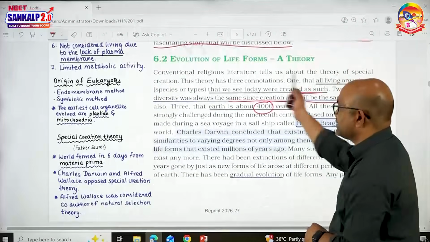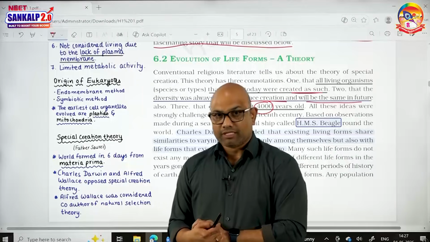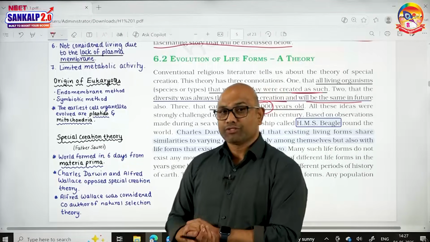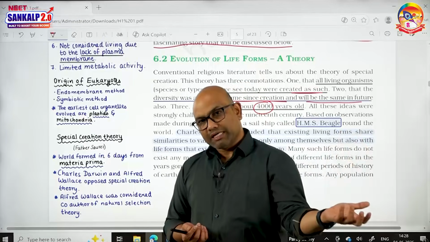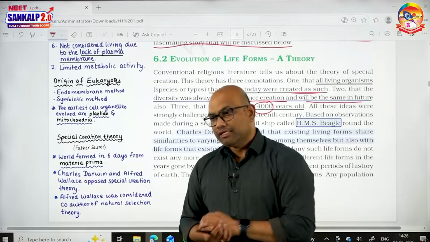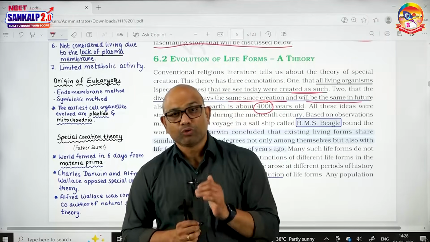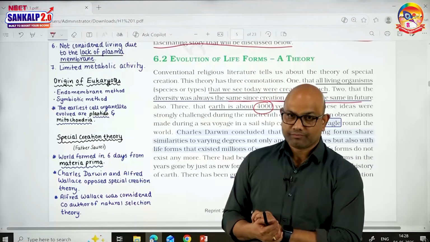Here I have already discussed the special creation theory, connotations. The life that we see today was created as such. Diversity was the same in the past and is going to be the same in the future. Age of earth is 4,000 years. This special creation theory was opposed by Darwin and Alfred Wallace.